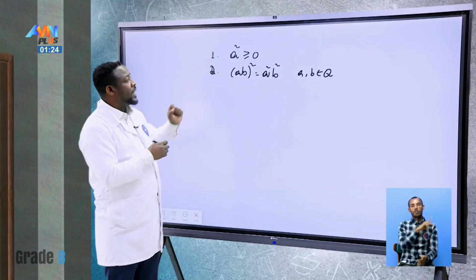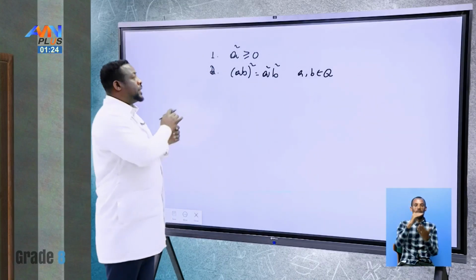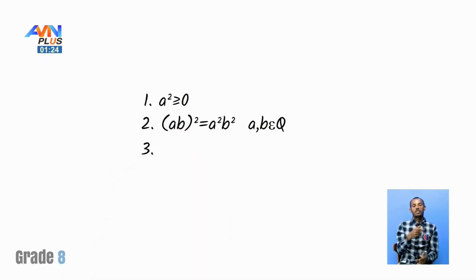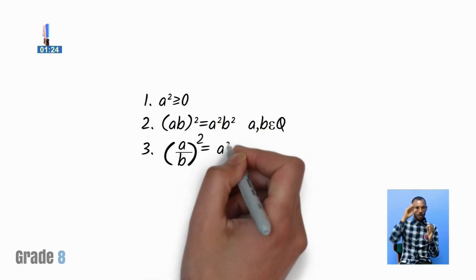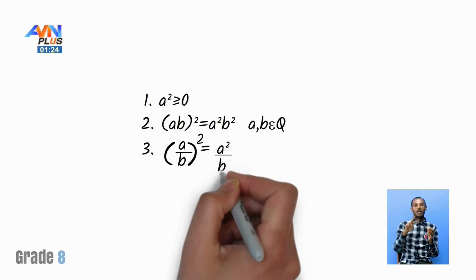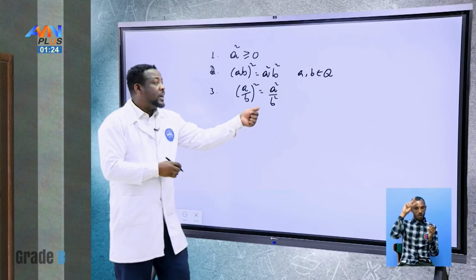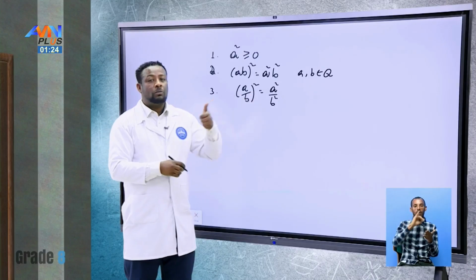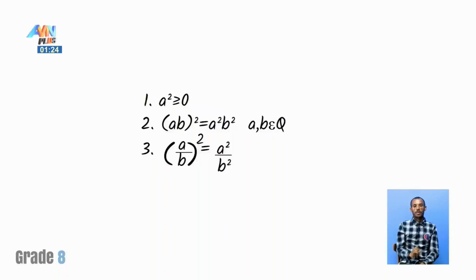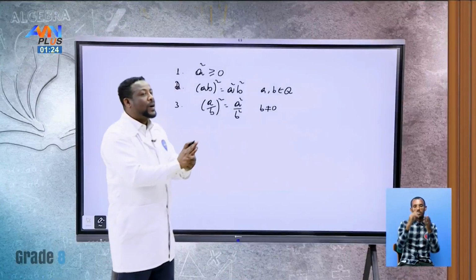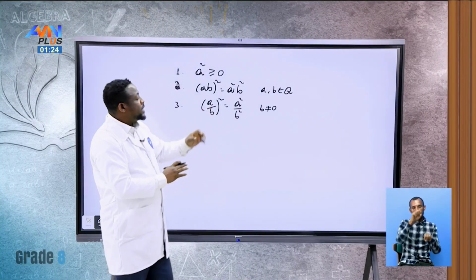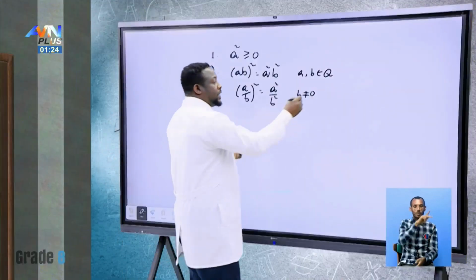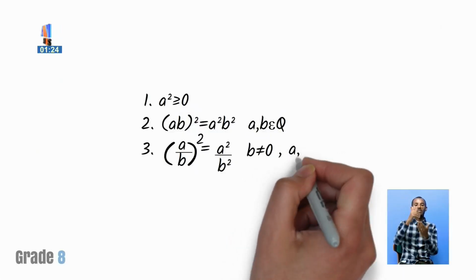The third one is, if we have two rational numbers, A over B the whole square is A square over B square, where B is different from 0. Unless B is a number different from 0, this fraction will not be defined. So this was the other property that we have seen in our previous lesson, okay?